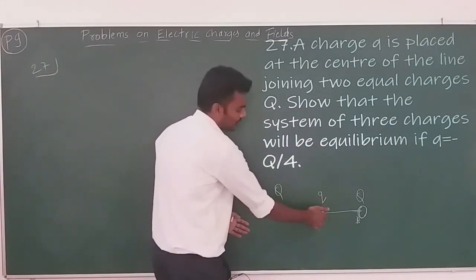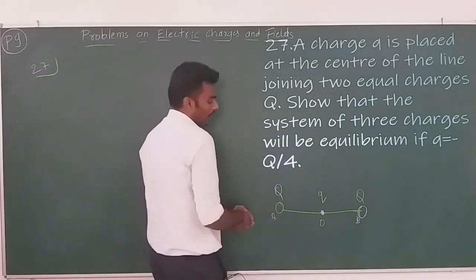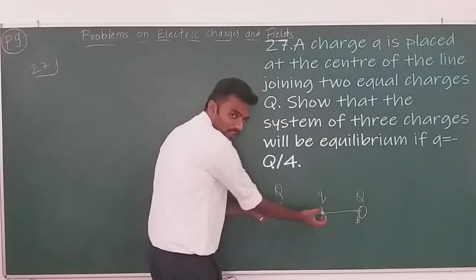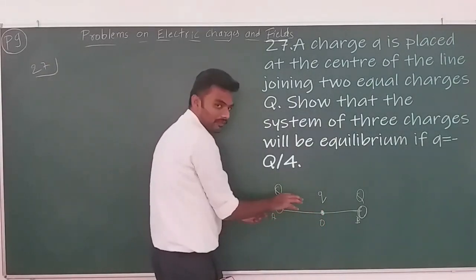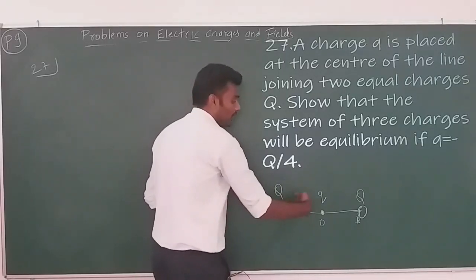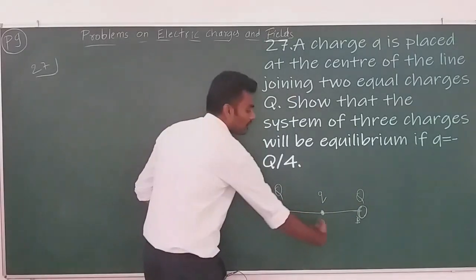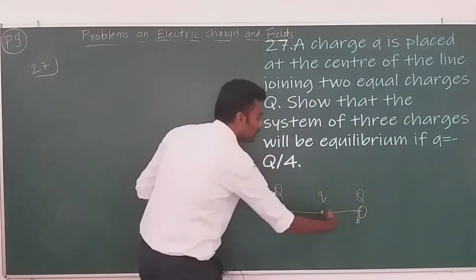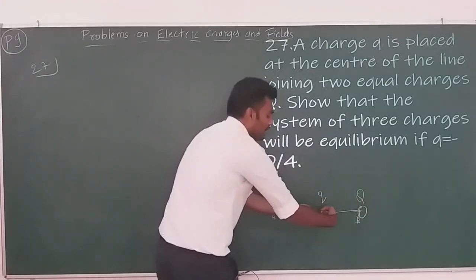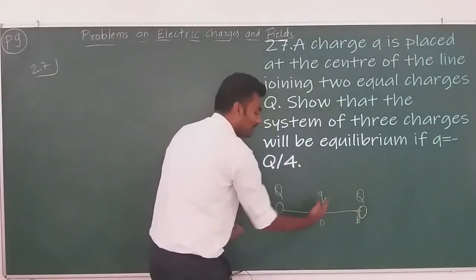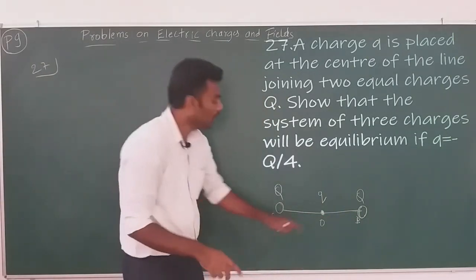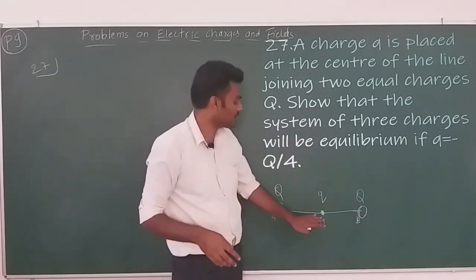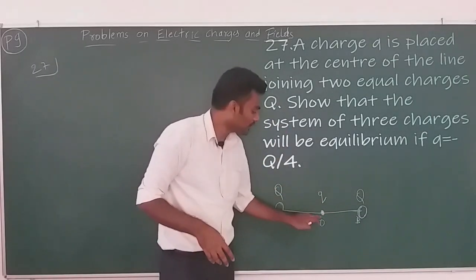Let us assume this is a negative charge and these two are positive charges. This positive charge will attract the negative charge with a certain force. The same is done by the charge B, which attracts it towards the other side. So, they are equal and opposite forces, and the net force on q is always 0 for this kind of arrangement.